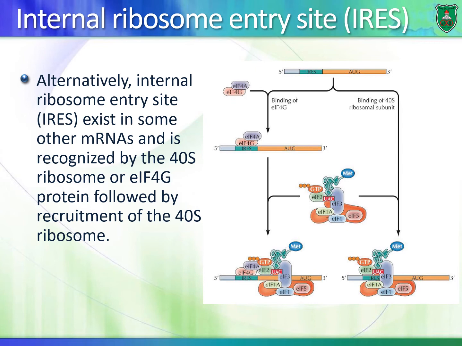Now, this sequence can be recognized by initiation factors, and one of them is initiation factor 4G. Or it can be recognized by the complex of tRNA and small ribosomal subunit. So you have this interaction between all of these components.